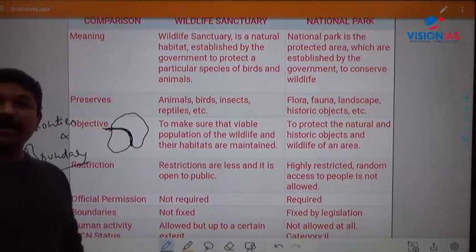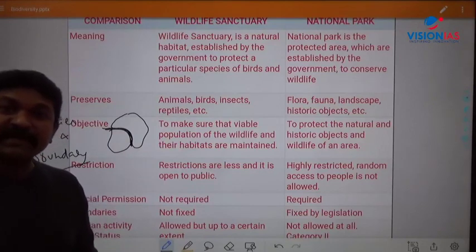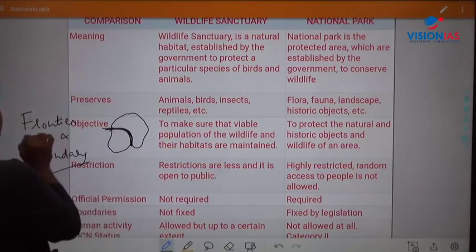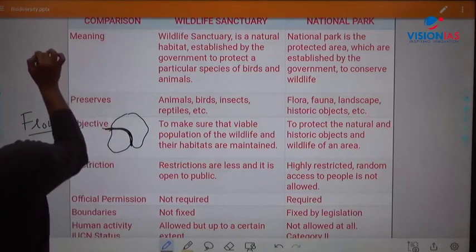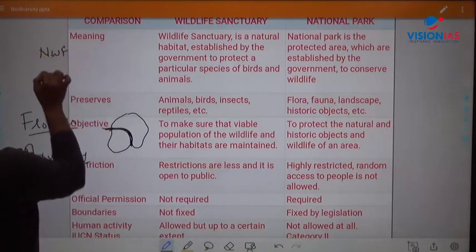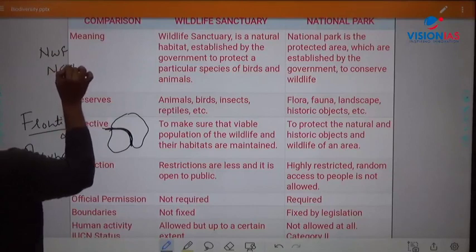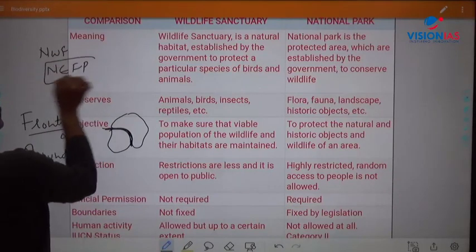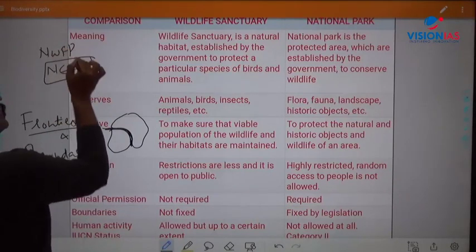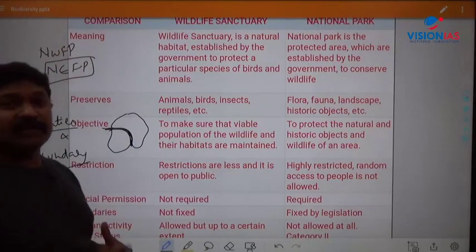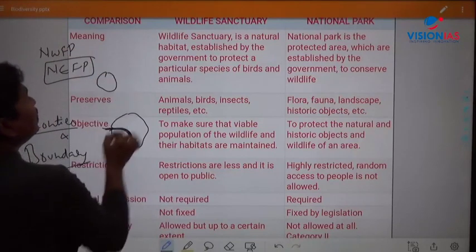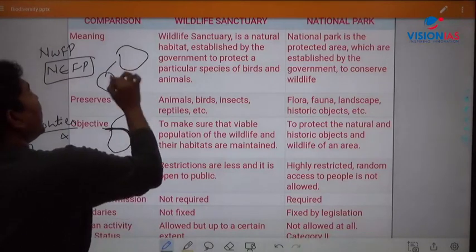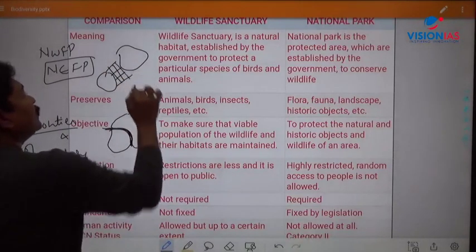But once upon a time, we had certain frontiers, like the Northwestern Frontier and the North-East Frontier Province. What is a frontier? This is India, this is China. The land between these two is a frontier.